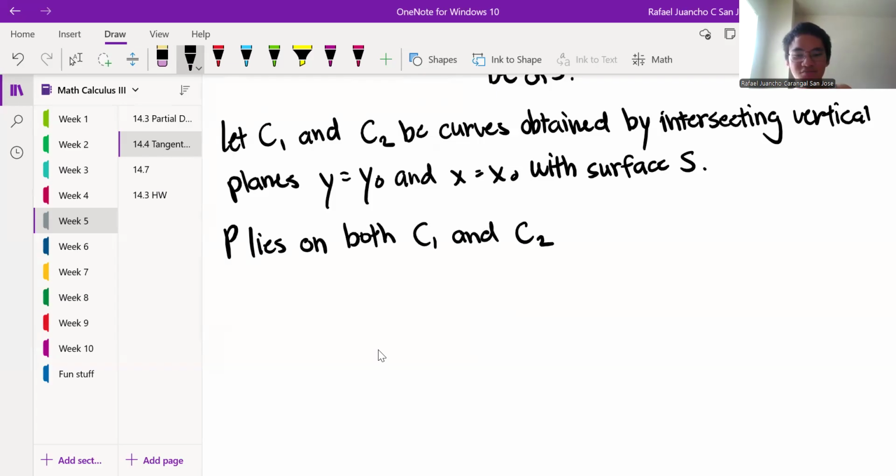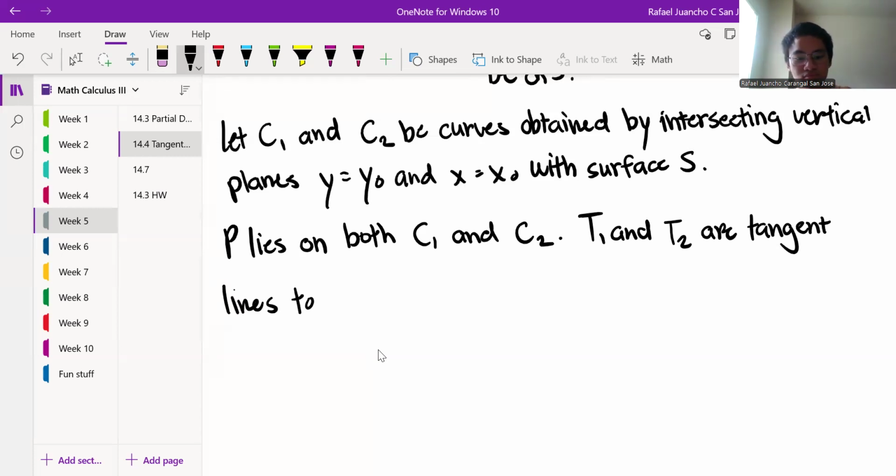We could even say it lies on both our tangent lines. And we're saying T1 and T2 are tangent lines, specifically to our intersecting curves, C1 and C2, right?